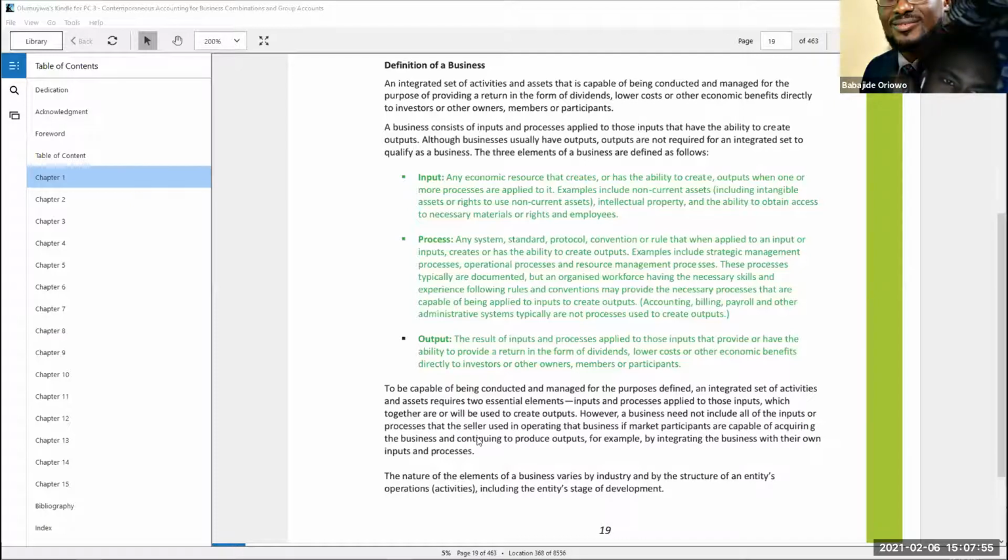And also, as Nuruddin has said, it has management processes. And as a result of that, it is delivering output, which is the knowledge that is being passed or communicated to enhance others in becoming better in the field of accounting. So for me, I think it's a business.